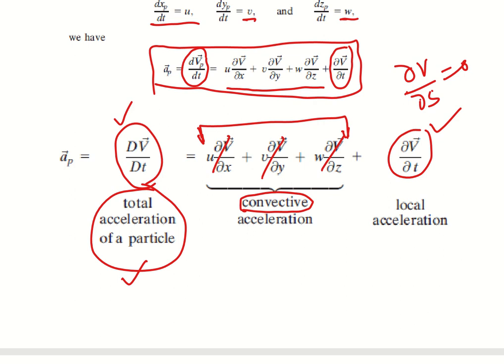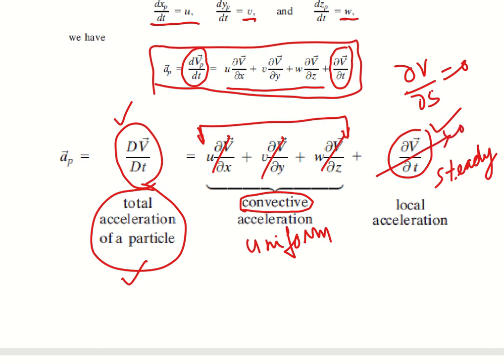Uniform means everywhere velocity is the same at different locations. If it is steady also, then properties are not changing with time. That is the meaning of steady. So if it is steady, in that case this term is also 0.